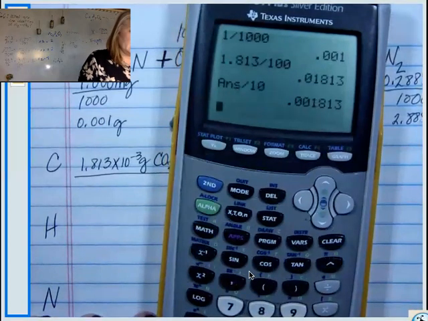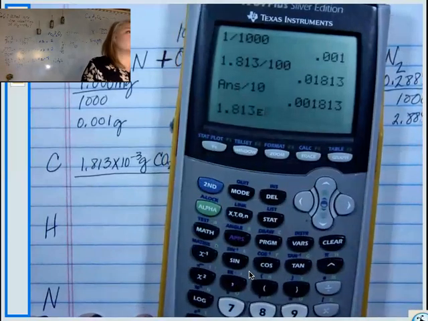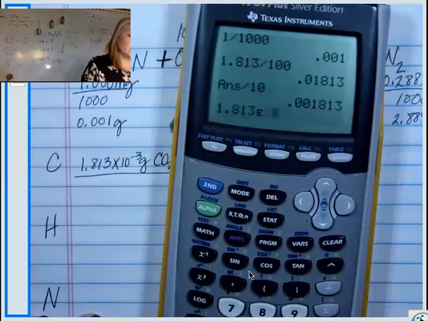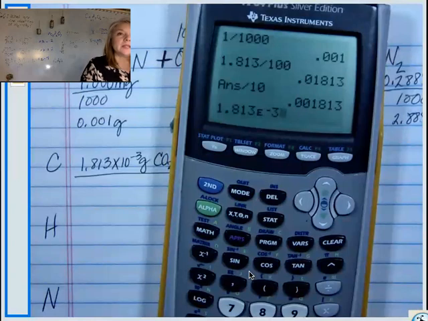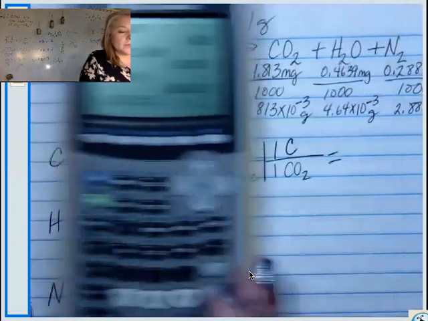So we're going to put it in like this, 1.813, second, comma, and that puts the E up on your screen. And then just hit -3. That E means times 10. Second comma, Chloe. And then we're dividing by 44.01.